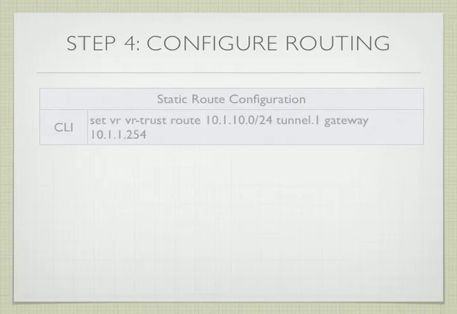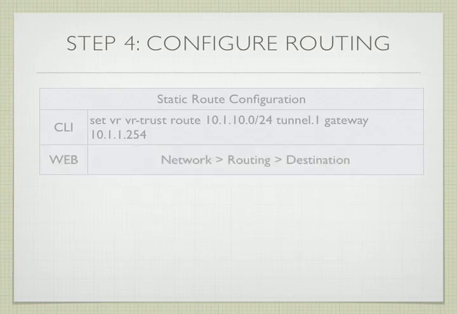So set vr trust route 10.1.1.10/24, and in this case you would direct this to your tunnel interface, tunnel.1, and the gateway would be the IP address on the remote site that's going to accept this traffic, or you can leave the gateway blank if it can be accepted directly by ARPing across that link.